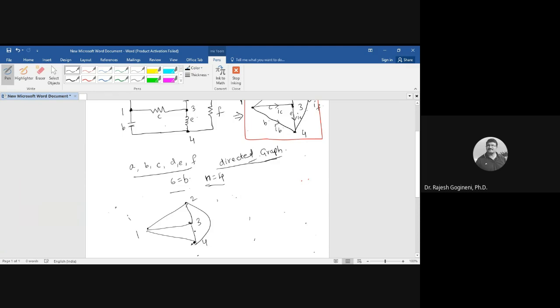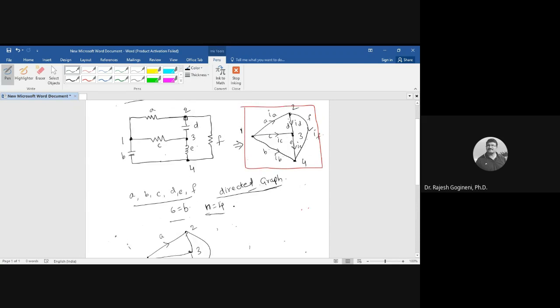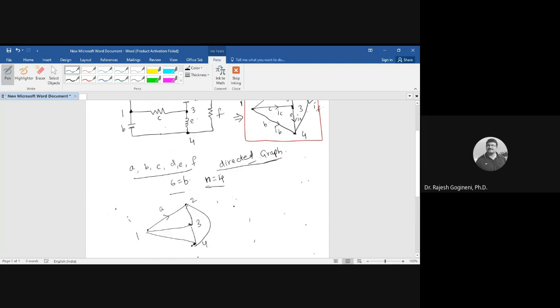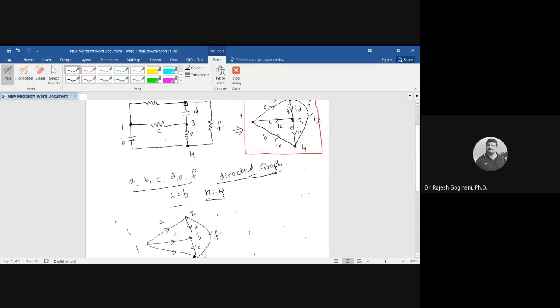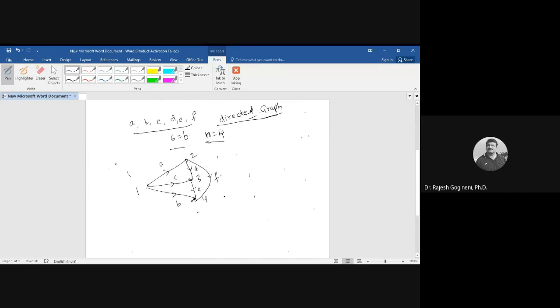And each branch is given a name, with direction: A, B, C, D, E, and F.